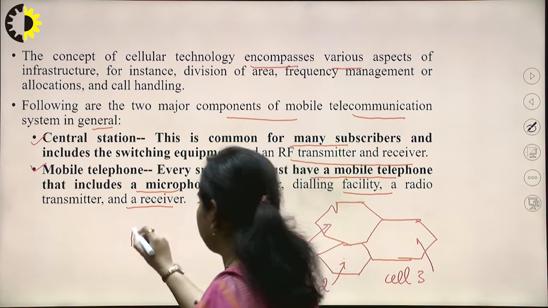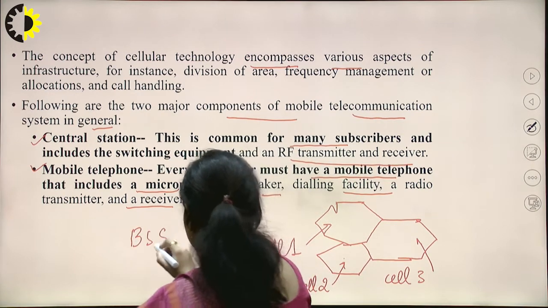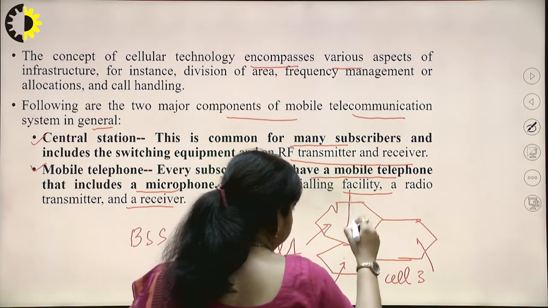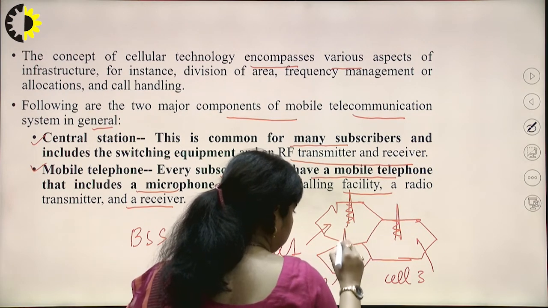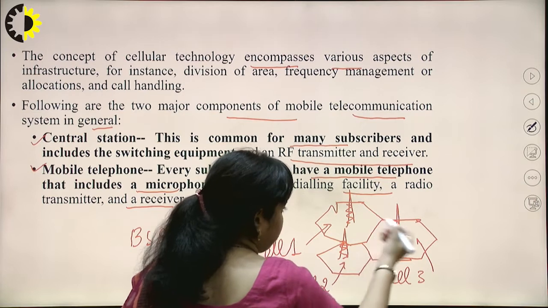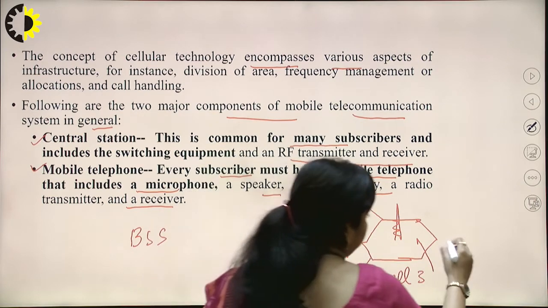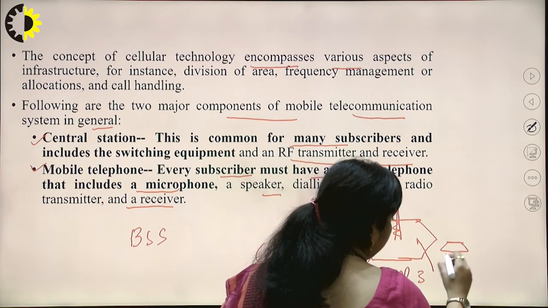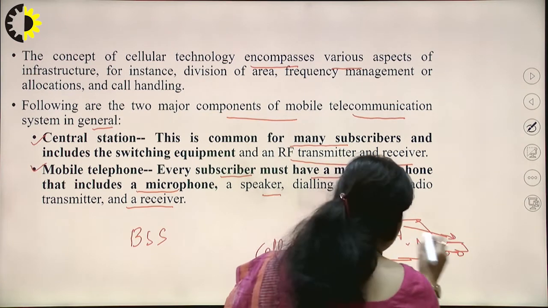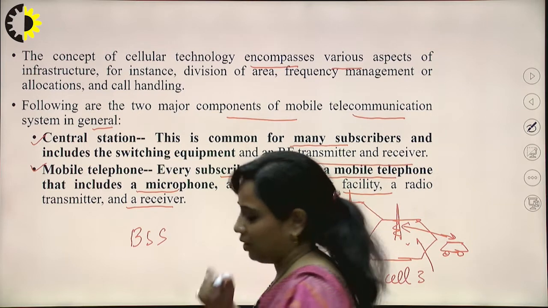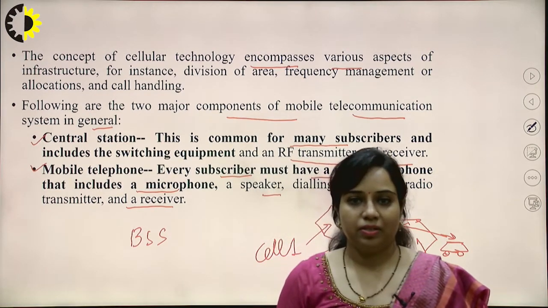At the center of every cell there is a BSS installed, to which your mobile phone or device is connected. This is the way of connecting the mobile phone with the central station.